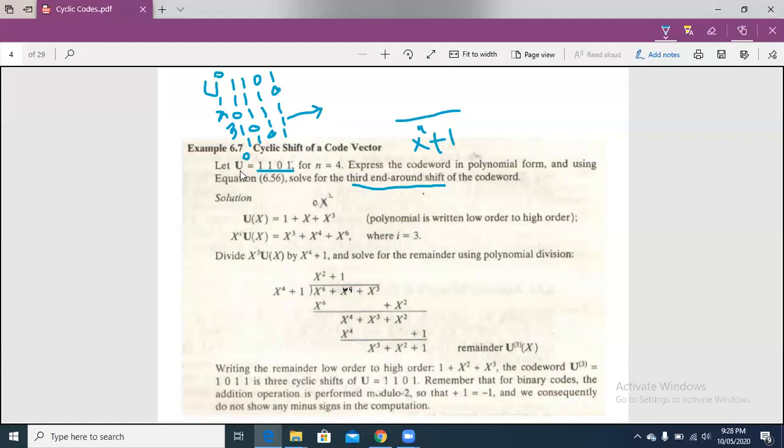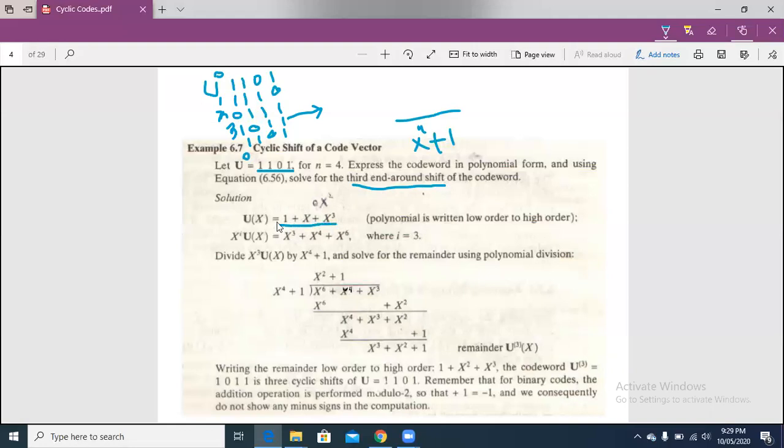First, we express this code word in the form of a polynomial. So this is in fact 1 plus x plus 0x square plus x3. So it is 1 plus x plus x3.